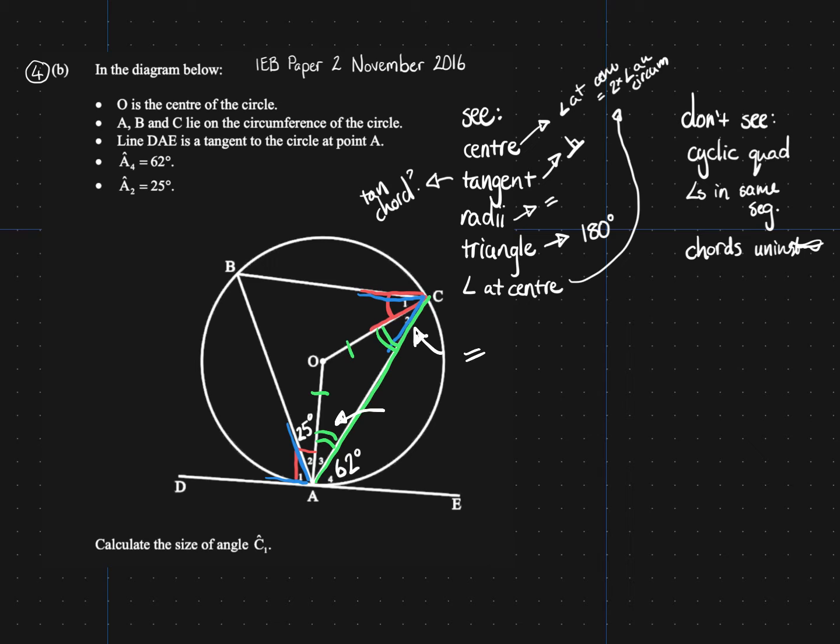And then because we're going to know the whole size of C based on the tan chord theorem, we can then figure out what C1 is, because C1 will be the whole of angle C minus the value of C2, and C2 we would have got from A3, and we got A3 from A4 because it is tangent.